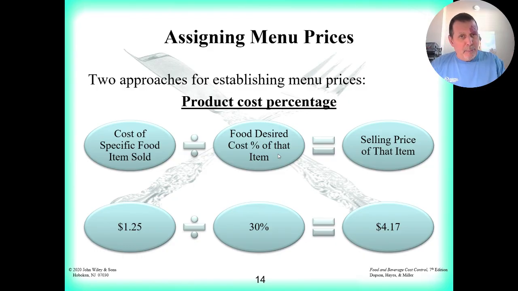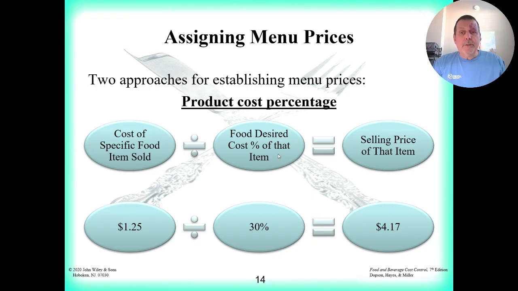Make sure you do it in proper decimals. So that's $7.81. It's actually 7.8125. Let's call it $7.80. $7.80 is going to be my menu price.